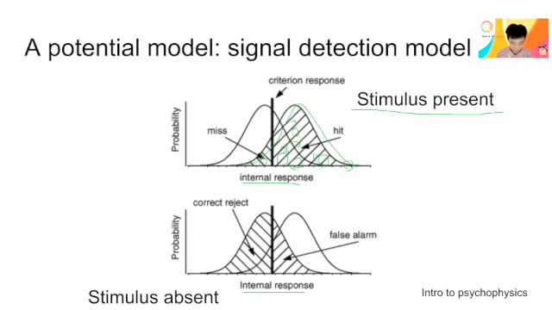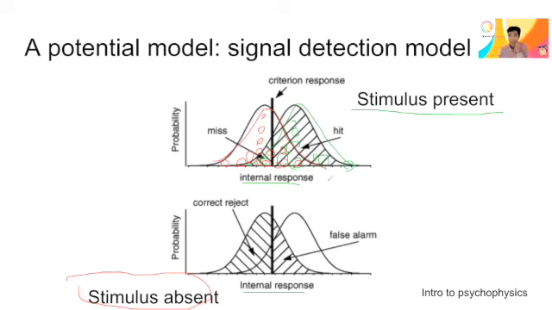On the other hand, if you look at the brain response in trials where the stimulus is absent, you tend to see a lower response like this. But sometimes I see a large response, and if you accumulate many trials, it ends up as a Gaussian distribution like this.